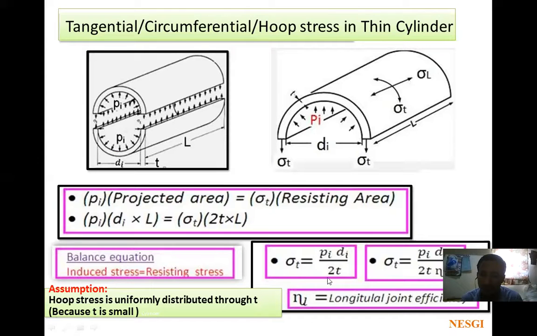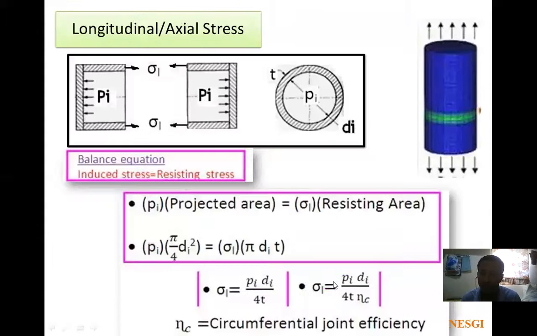Sigma T is pi into di by 2t and sigma L is pi into di by 4t. From both equations, sigma T is 2 times sigma L, meaning tangential stress in a cylinder is 2 times the longitudinal stress. That's why when designing cylinders, we always use sigma T, the tangential stress, as the design stress.